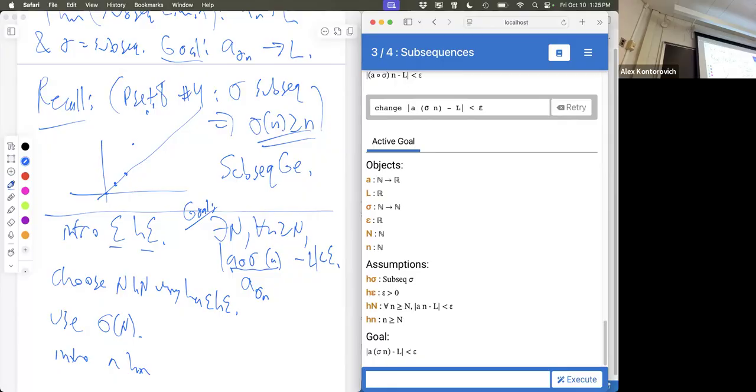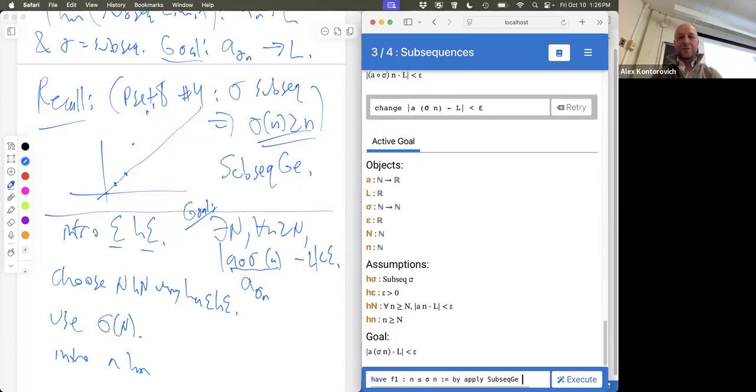We know that N is at least capital N. I don't want to specialize Hn to little n. I want to specialize it to sigma of N. In order to do that, I need to know that sigma of N is at least capital N. But we have a theorem. Let's call this fact 1, which is that N is less than or equal to sigma of N. And that's by applying the theorem called subsequence greater than or equal to.